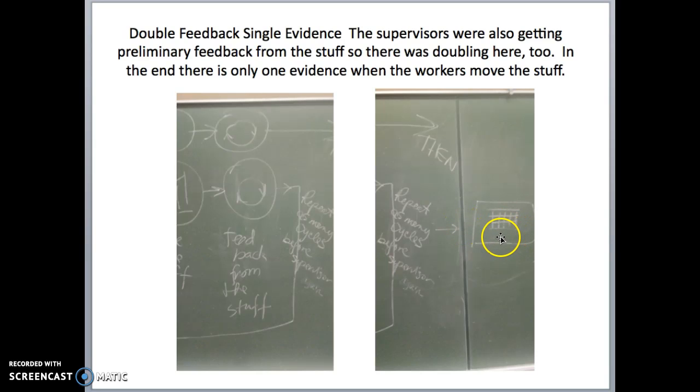And the workers also thought it was interesting that there's no evidence box up here for the supervisors, because that would have defeated the purpose of having the workers, because why would they need workers if the supervisors want to move everything? So it was interesting that they had to figure out how to tell somebody else to move it without actually moving it themselves. And so we only have one evidence box here on the bottom because only the workers did the actual moving.